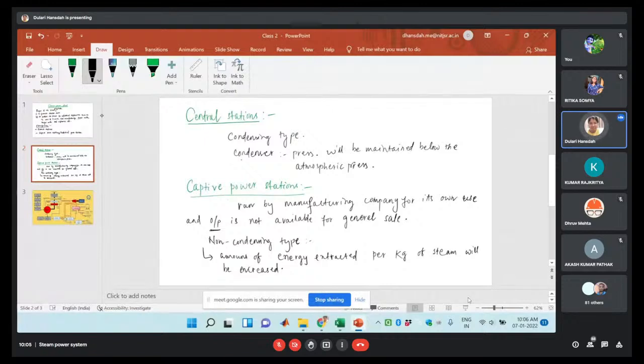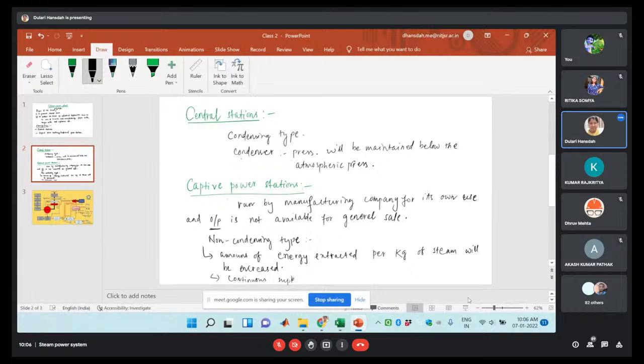So in a condensing steam power plant, there will be a continuous supply of feed water. In this case, we do not have any cooling tower. It will be given directly from the river itself. So this is all about your captive power stations.